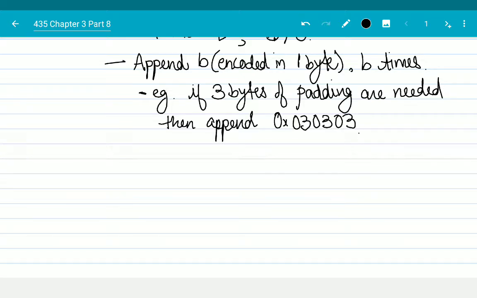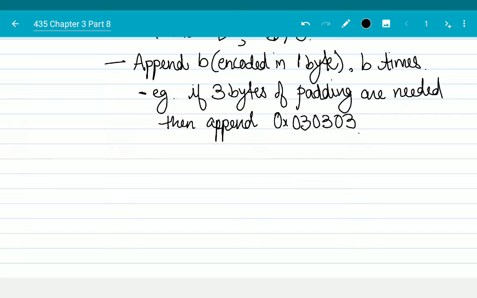You should make sure that it is encoded as 1 byte. 3 can be encoded using 2 things. Encoding of 3 is 0011. So to append 3, you actually append 03. That is 1 byte, right? 03 is 00000011. Okay, that is my appended data, and that is what I'm going to then encrypt.